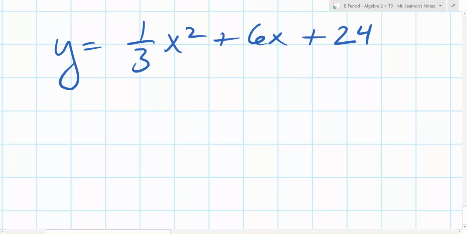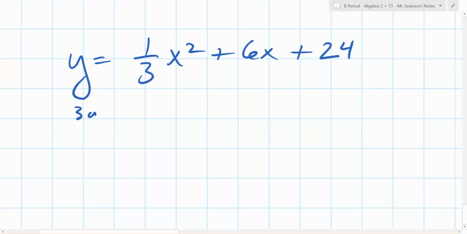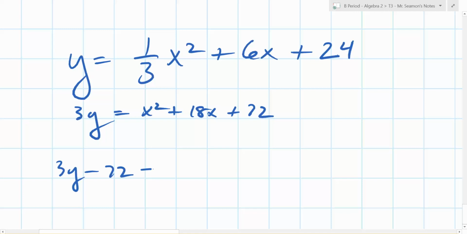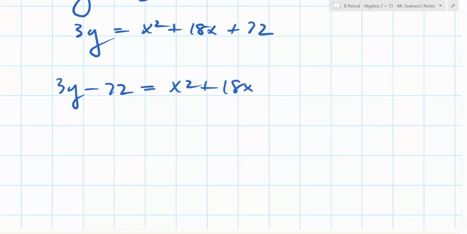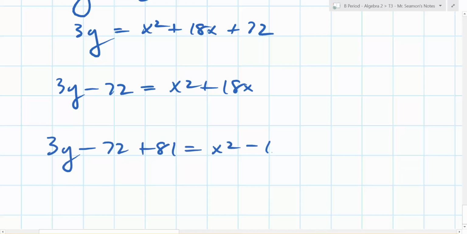So you end up with 3y is equal to x squared plus 18x plus what? 72. So you had 3y minus 72 is equal to x squared plus 18x. What's half of 18? 9. What's 9 squared? 81. So you have 3y minus 72 plus 81 is equal to x squared plus 18x plus 81.